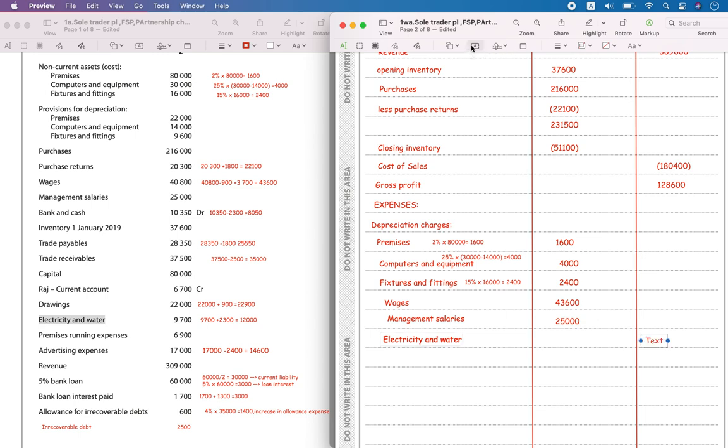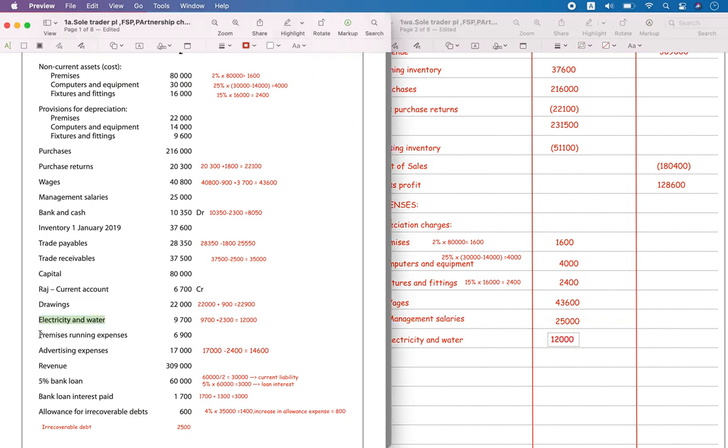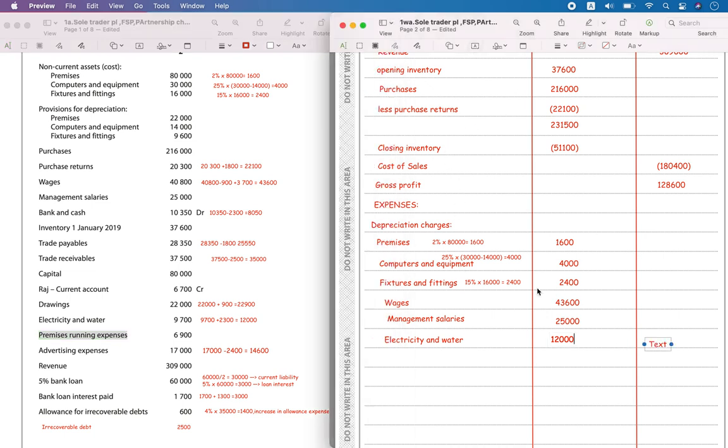This also had adjustments and errors, so we have adjusted it, and this is around 12,000. Then we have premises running expenses. This is around 6,900. It doesn't have any adjustment, so I'm going to write just like that, 6,900.